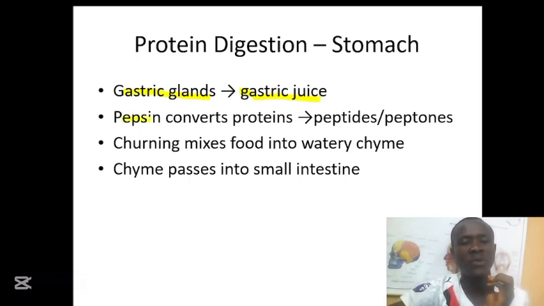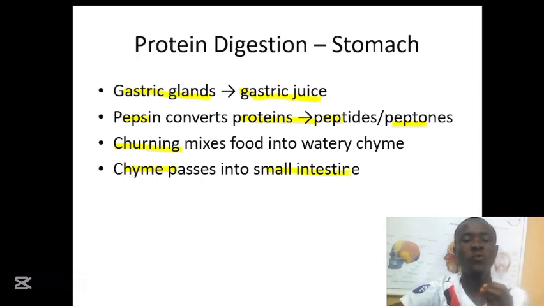The pepsin will convert protein into peptides and peptones. Also, the churning movement of the stomach helps to mix the food into a watery kind, and after that, that kind will move from the stomach into the small intestine.